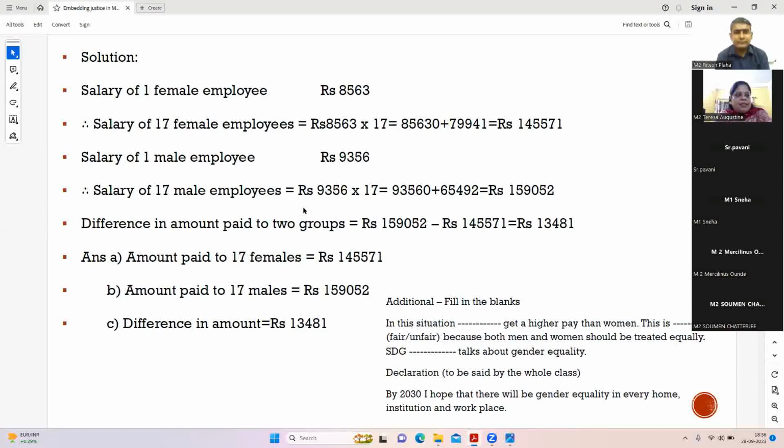So there is a disparity, and children can themselves point out that the males get a higher pay compared to the females.